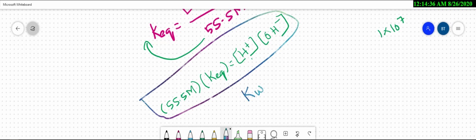And what is Kw? It means the ion product of water at 25 degrees Celsius. So this is the ion product of water. At 55.5 moles, how much H+ and OH- ions are ionized? That is called the ion product of water.